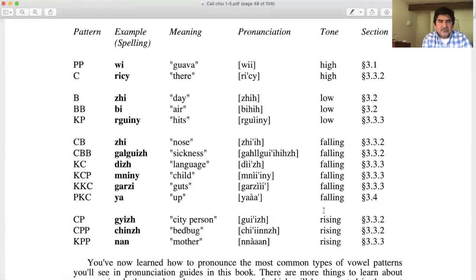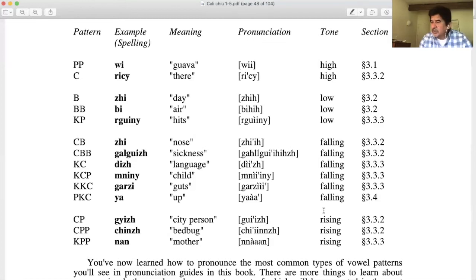Dish. Mnin. Garzi. Ya. Yish. Chinch. Last one, non. Okay, I hope that you guys are practicing.